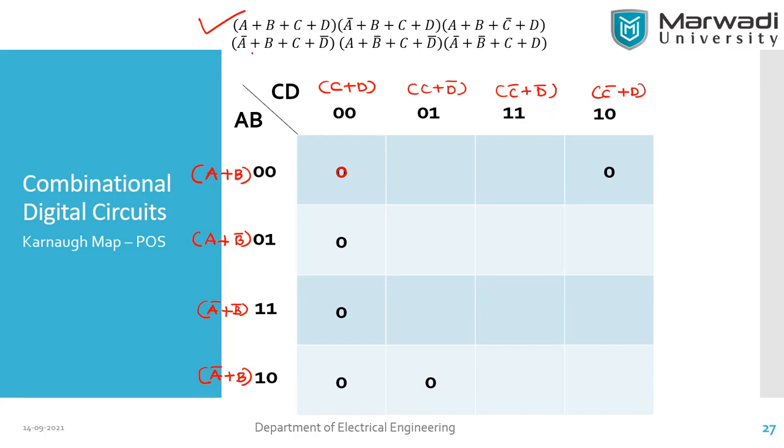Okay. Now try to look at all the terms. A plus B plus C plus D, that is here, so you put 0 there. Then A bar plus B plus C plus D. So where is A bar plus B? Here, plus C plus D. So it's 0 here. So we have written 2 zeros here. Then A plus B plus C bar plus D, so we write 0 here.